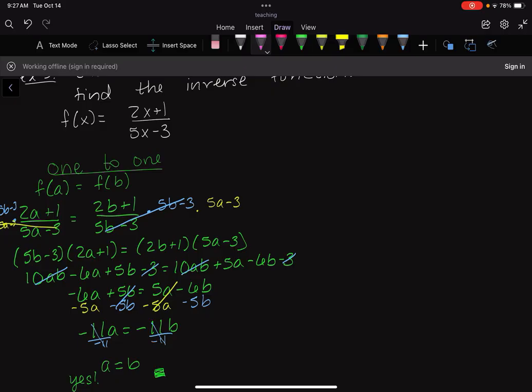Then over here, let me go ahead and do my inverse. So with your inverse, my first step was to switch that f of x to a y, just because looking at it as y makes it a little easier to work with. Then I'm going to swap my x's and y's. So because I have multiple x's, I'm now going to have multiple y's.